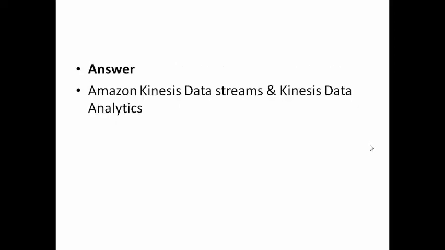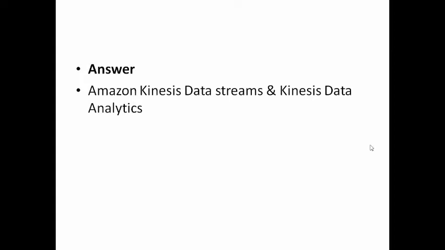best fit here. So we can use Amazon Kinesis data streams and Kinesis data analytics. So as we know, Amazon Kinesis data stream enable us with real-time processing of streaming big data. That will satisfy our first scenario wherein we want to process real-time streaming data.